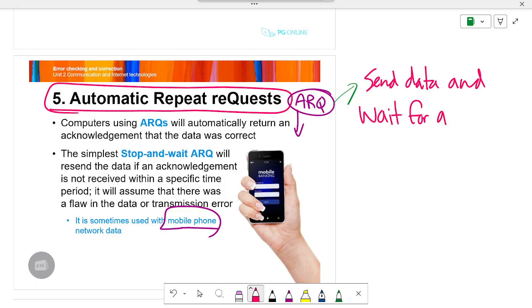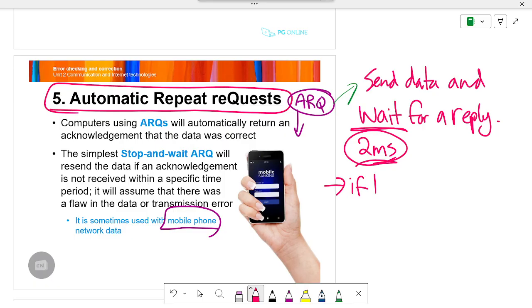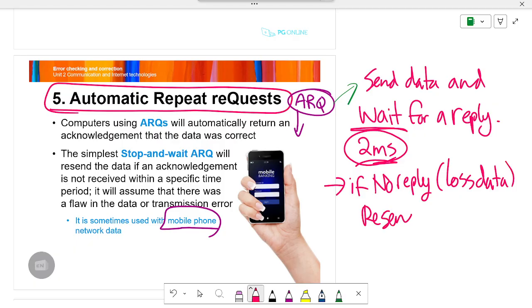For an acknowledgement, a reply. There's a specific time, 举个例子, 2 milliseconds or 10 milliseconds, what have you. And then if no reply, it means we have lost data. If I have lost data, I'm going to resend the data. Okay? I'll try that again. It's called ARQ. Cool.